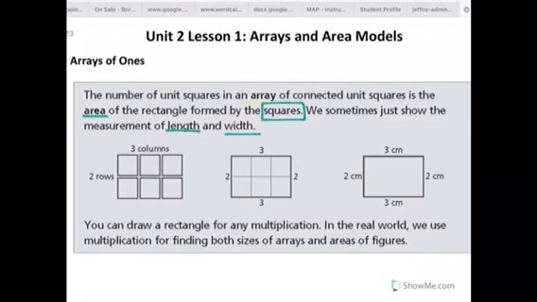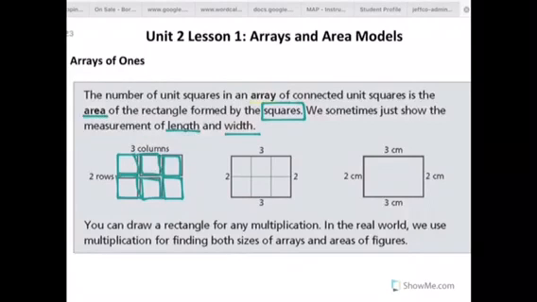For example, here we have 3 columns by 2 rows. I can see 1, 2, 3, 4, 5, 6 squares. So I know the area of this rectangle is 6.